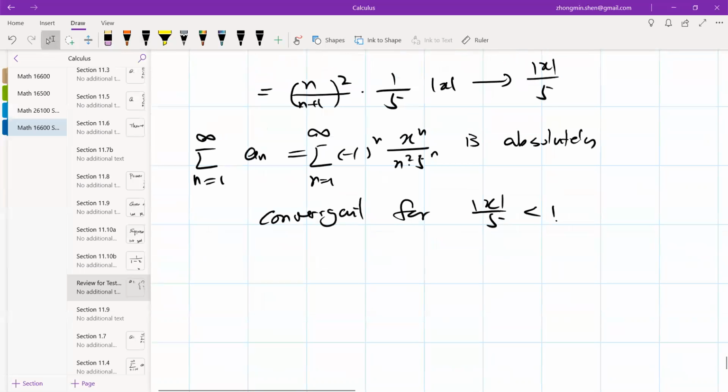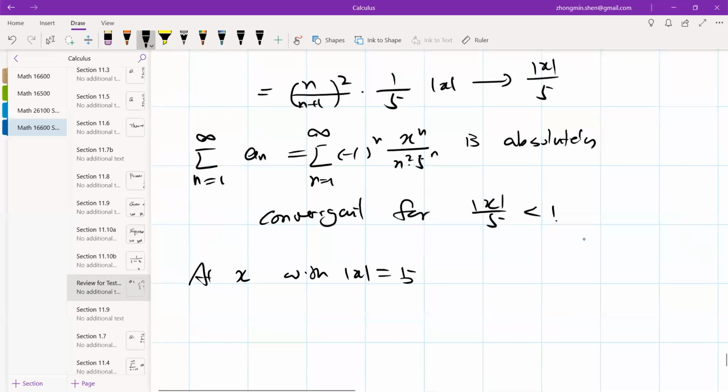But how about at the endpoint? In this particular case, both endpoints are absolutely convergent, because absolute x is going to be 5.